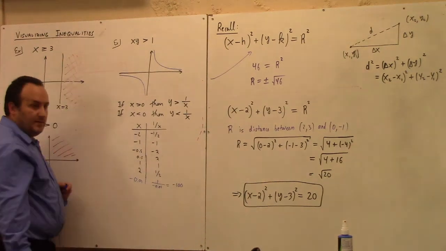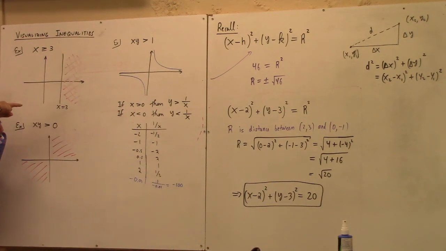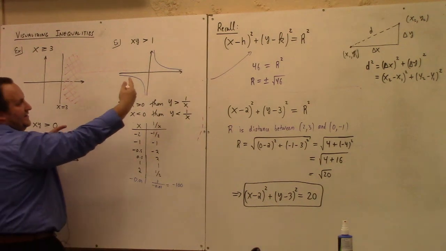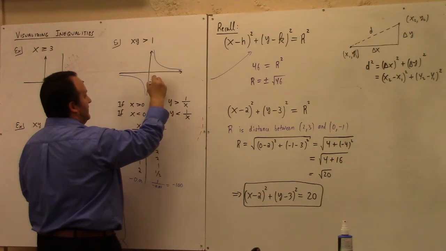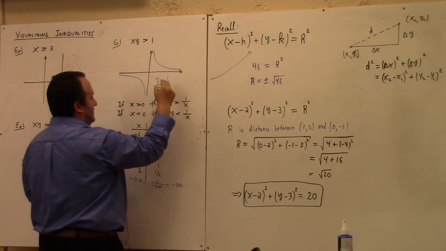The closer you get to the y-axis from the negative side, the larger negative the number gets, so it just goes down and down. Whereas on the other side, you go up and up. If I put in 0.01, I get 100. So we've got what's called a vertical asymptote at 0. 0 is not in the domain of y equals 1 over x. So there I've graphed y equals 1 over x.